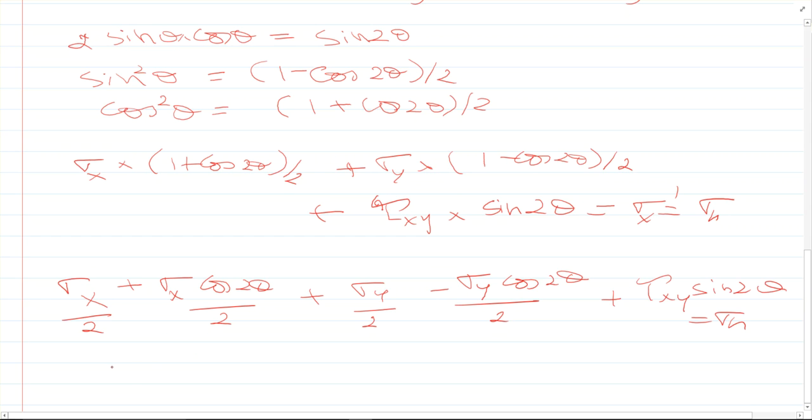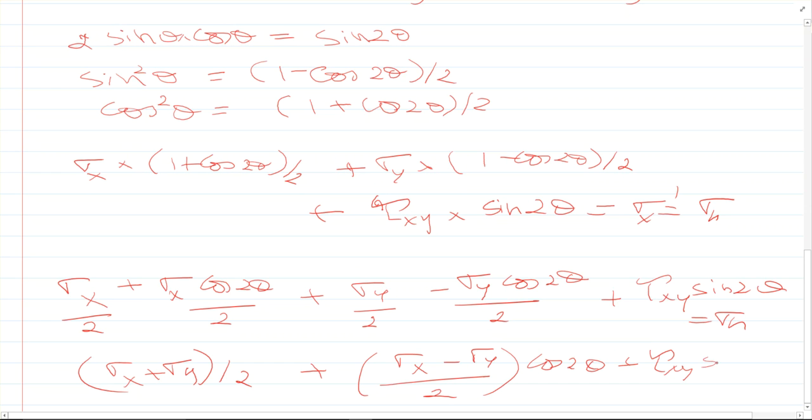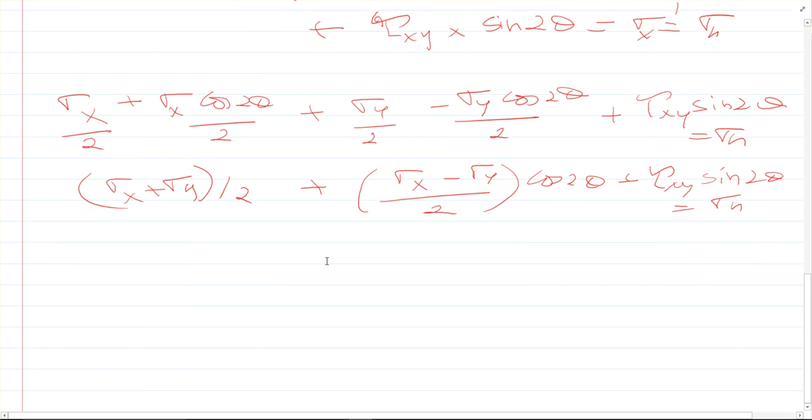So sigma x plus sigma y over 2, plus sigma x minus sigma y on 2 cos 2 theta, plus tau xy sine 2 theta equals sigma n. And this is our famous equation. This is what we use to transform stresses into different planes.